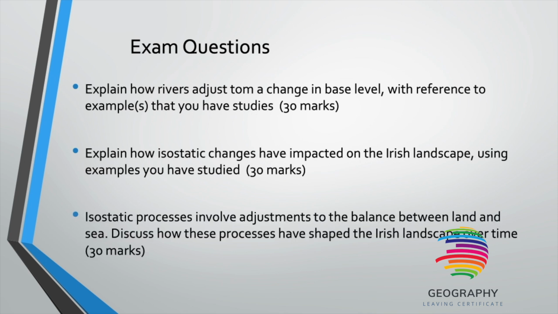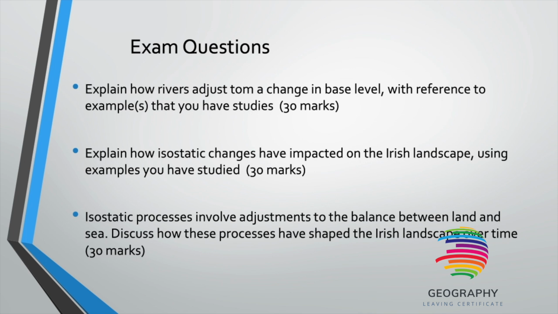And lastly: isostatic processes involve adjustments to the balance between land and sea. Discuss how these processes have shaped the Irish landscape. Let's take the first part first. Here they're asking you to discuss isostatic processes, so discuss how isostatic movement happens, so again, the endogenic and exogenic forces.